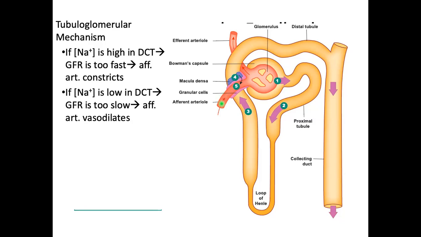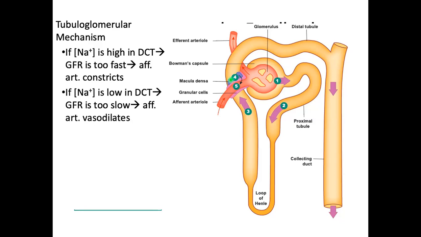Okay, pretty cool, huh? All right, let's talk about if sodium level is too low. If blood pressure is too low, then filtration through the glomerulus is going to be too slow. And then how much sodium is going to go past this little monitoring station?